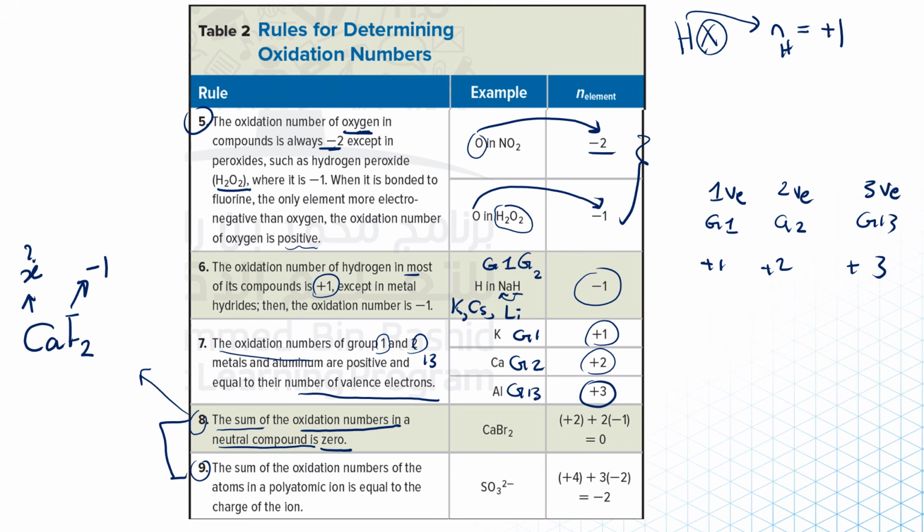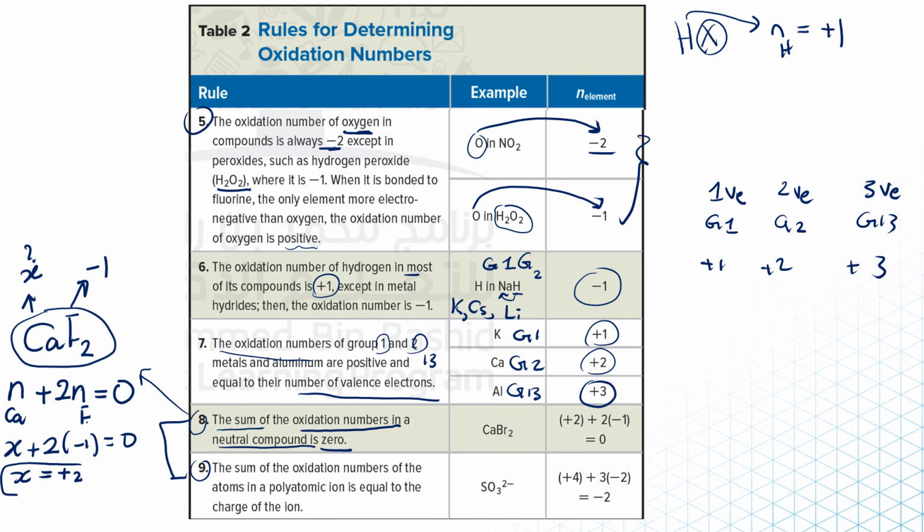So الرول يقول لك إنه الأكسيديشن number of Ca plus أول شيء كم F عندي هنا؟ عندي 2 صح؟ plus 2 ضرب الأكسيديشن number of F is going to be 0. ليش؟ لأن هذا المركب ما فيه شحنة is neutral. Alright? So let's call this one X plus 2 ضرب شو الأكسيديشن number of F -1 equals 0. So X equals +2. So the oxidation number of Ca is +2.